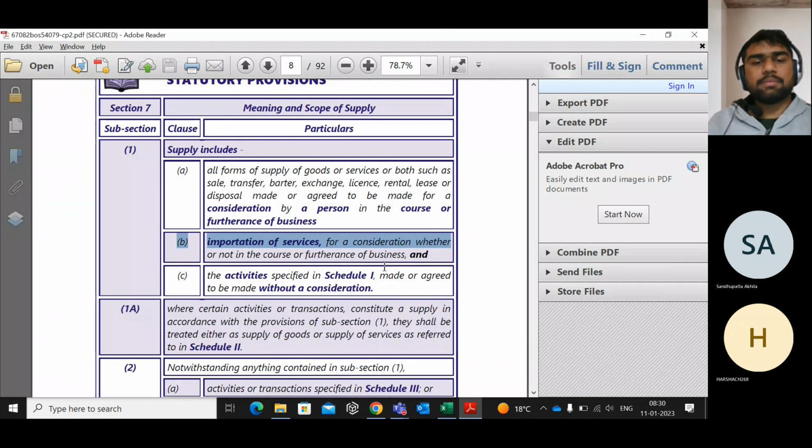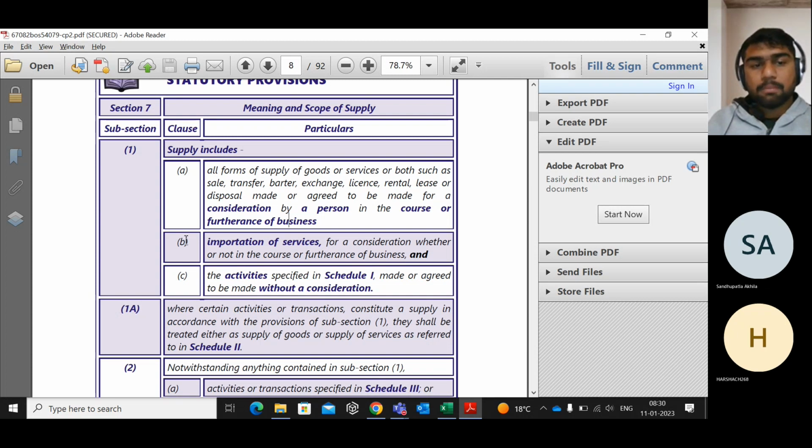Import of services. Previously, it was import of taxable services. Why did they remove taxable? Because the government was losing revenue. And the activities specified in Schedule 1 are made or agreed to be made without consideration. There are some services here. You said that only if it is in the course or furtherance of business, it is treated as supply.